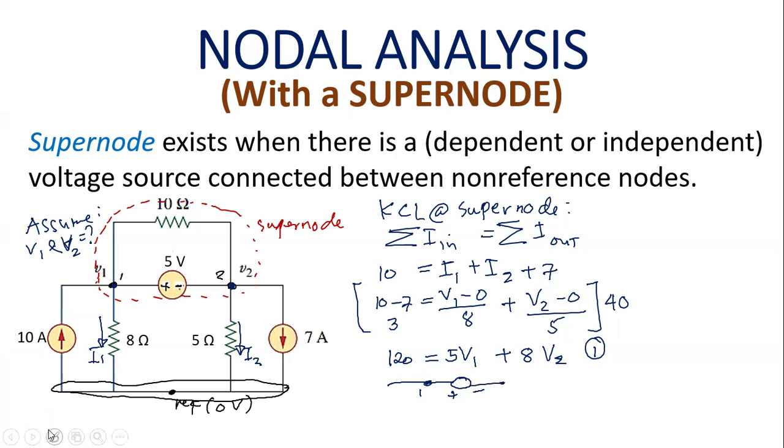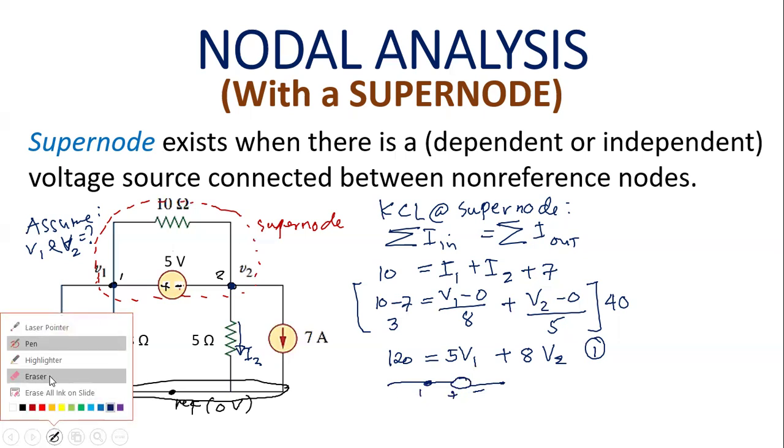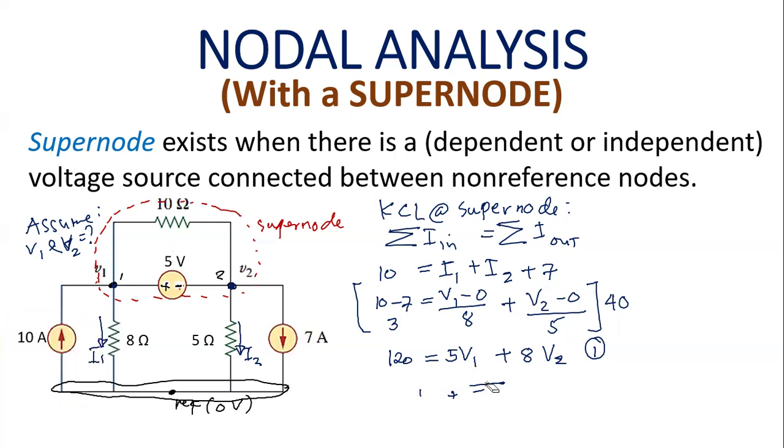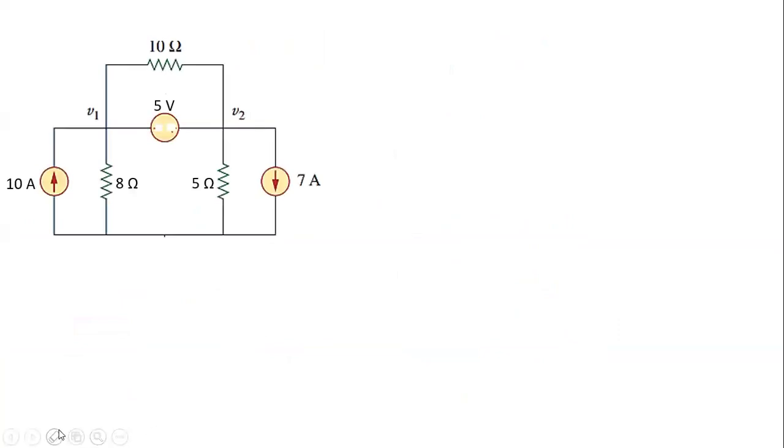Okay, wait. So let's just use the next slide to have enough space. So again, we're going to label this. So this is plus, minus, and then we have here I1, I2, and this is our supernode.